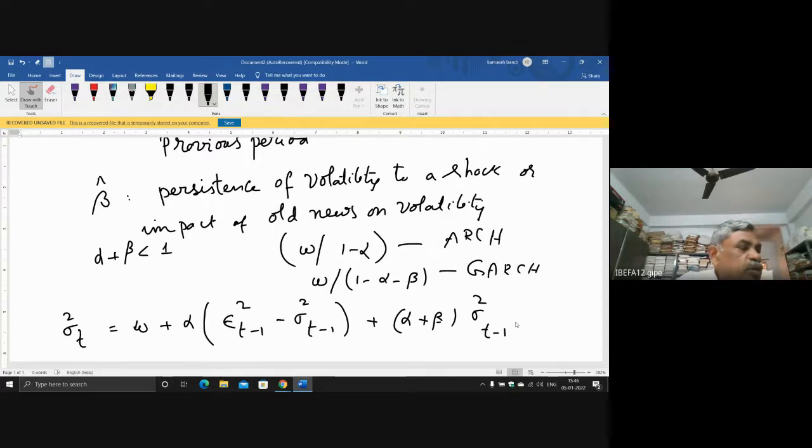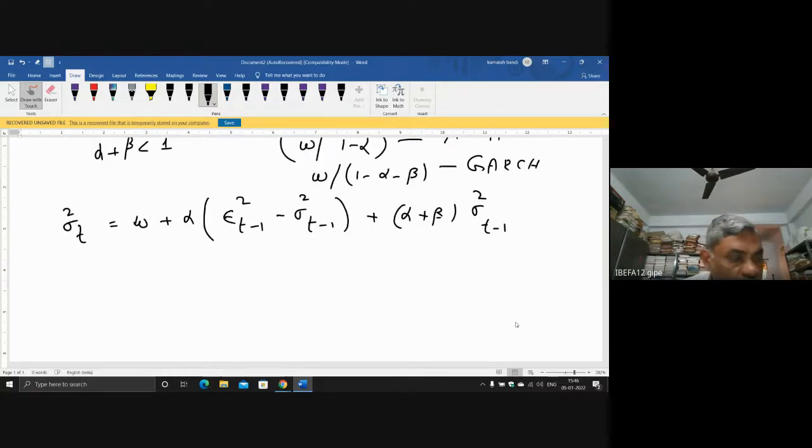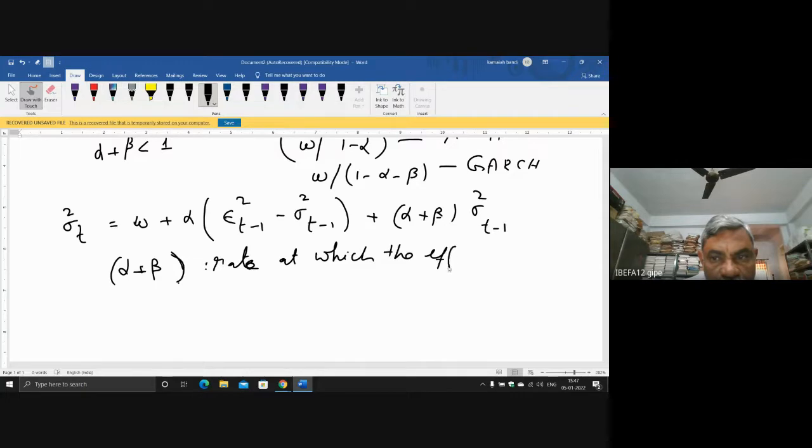So here alpha plus beta measures the rate at which the effect dies over time.